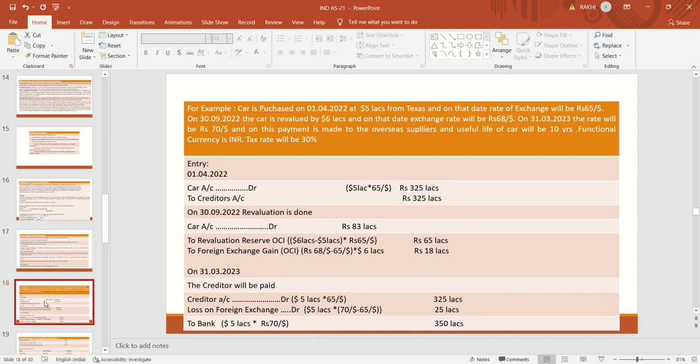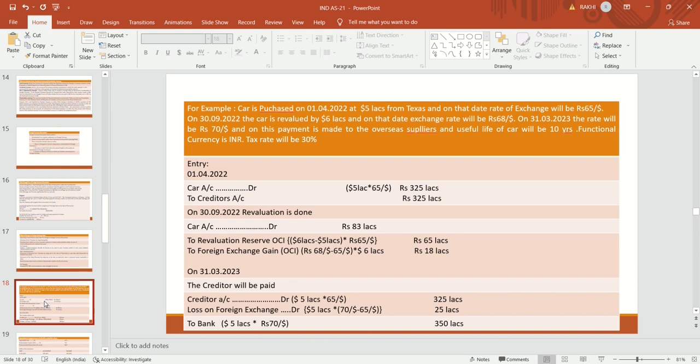And on that date the exchange rate is 68 rupees per dollar. And on 31st March 2023, the rate will be 70 per dollar, and on this date the company makes payment to the overseas supplier. Useful life of the car is 10 years, functional currency is INR, and tax rate is 30%.